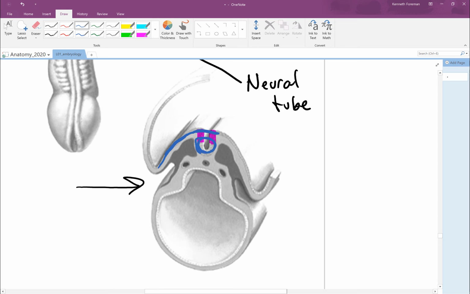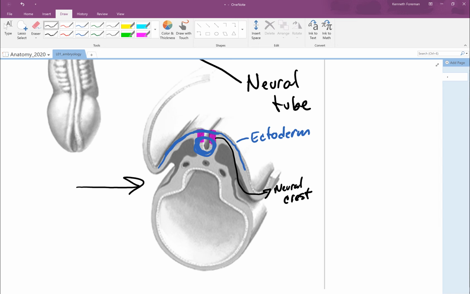There would be our neural tube. So we basically get our 3 layers: our ectoderm, neural crest, and neural tube.